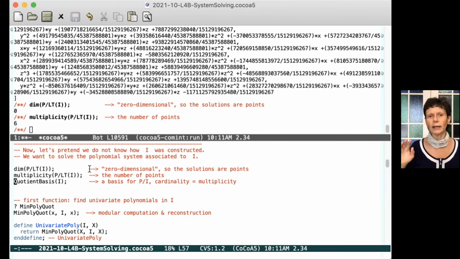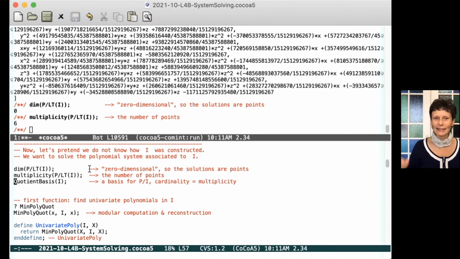So without doing anything, we did quite a bit of computation, because to compute LT, we need to compute the Gröbner basis of this ideal.